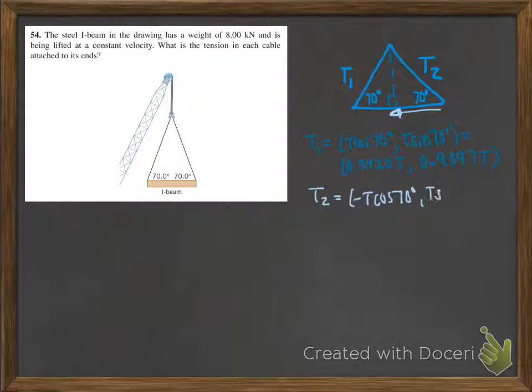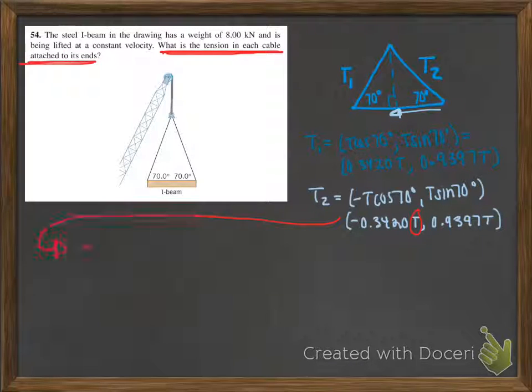And then, also remember that for T2, the x is negative because it's as if you're looking to the left, so that will become negative. And also remember that it asks you for the tension of each cable. So in order to find that, you have to add these cables together, and notice how you end up with only the y component.